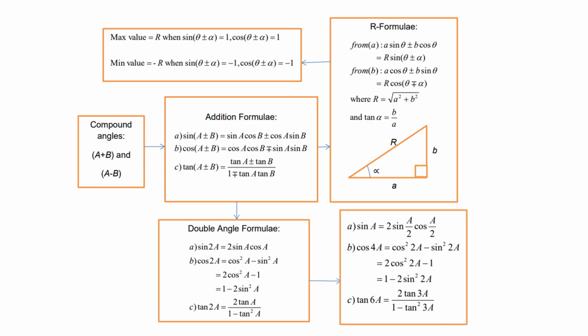We also have the addition formulae that you need to familiarize yourself with, the double angle formulae, and of course, last but not the least, the R formulae. So these are the ingredients that you need to possess before we can solve problems in this chapter.